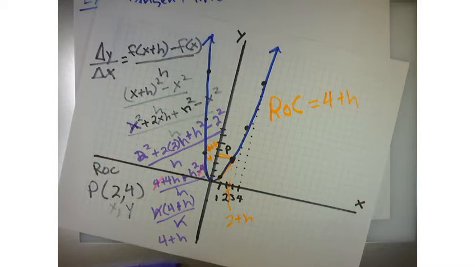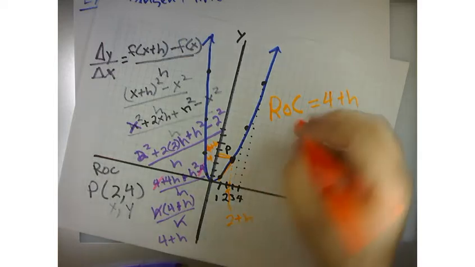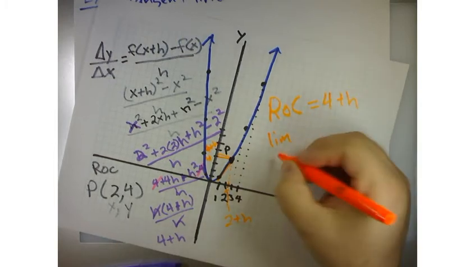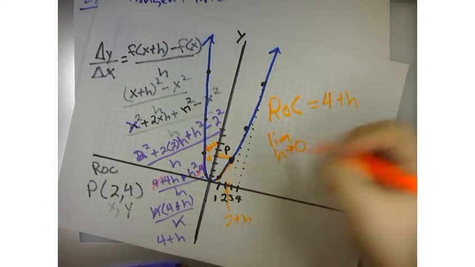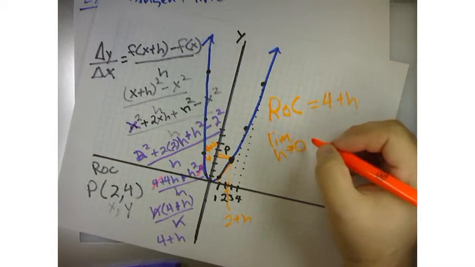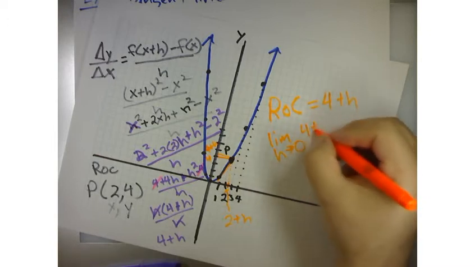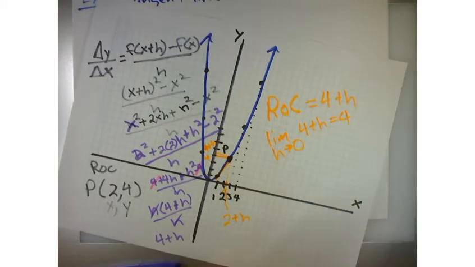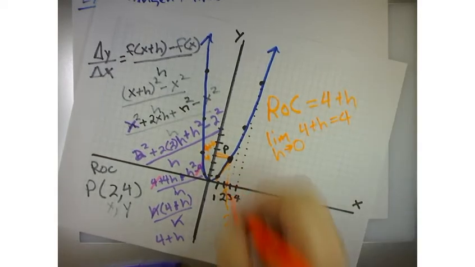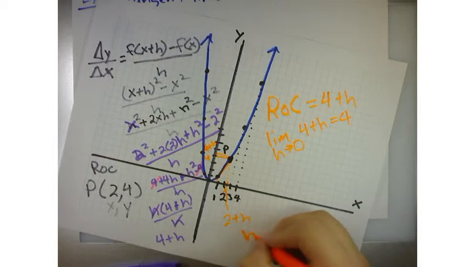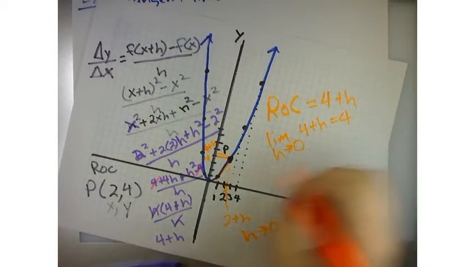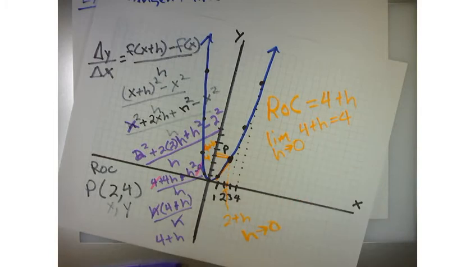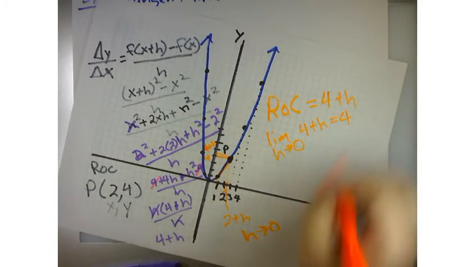So now, if I take the limit as h approaches 0 of 4 plus h, I get 4, right? Because our goal is I want h to approach 0. This is the slope. Now a tangent line has this slope.